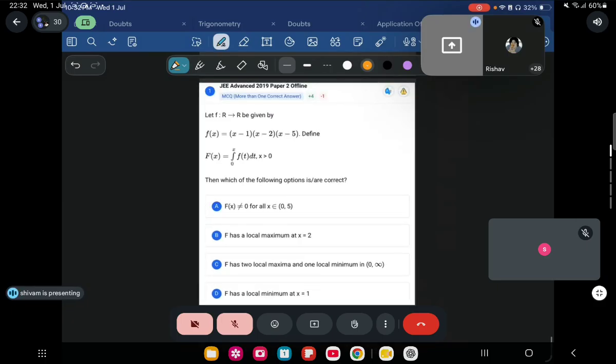So first of all, you must have differentiated. F dash x will be equal to x minus 1 into x minus 2 into x minus 5. Must have got this. There are a lot of maximum minima.